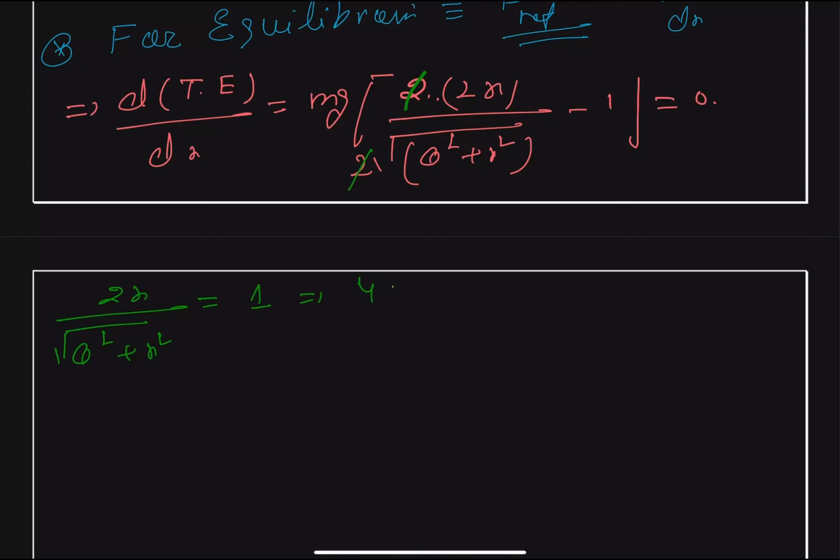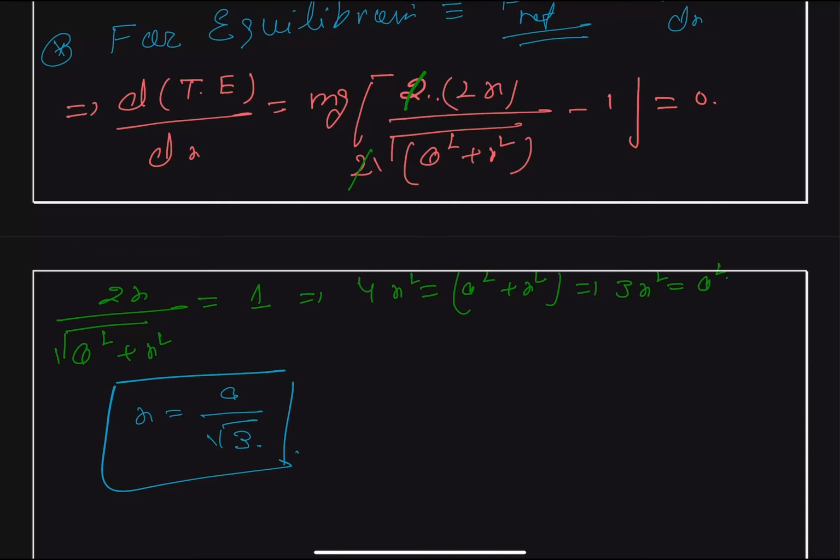So we get 4x square is equal to a square plus x square, which gives us that 3x square is equal to a square. Therefore, our x is equal to a by square root of 3.